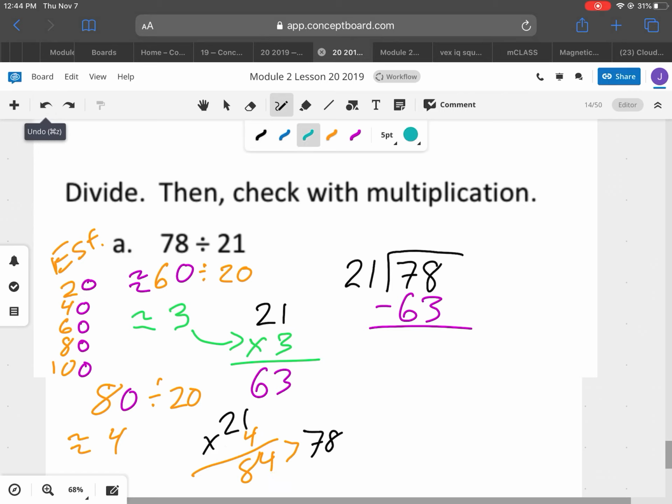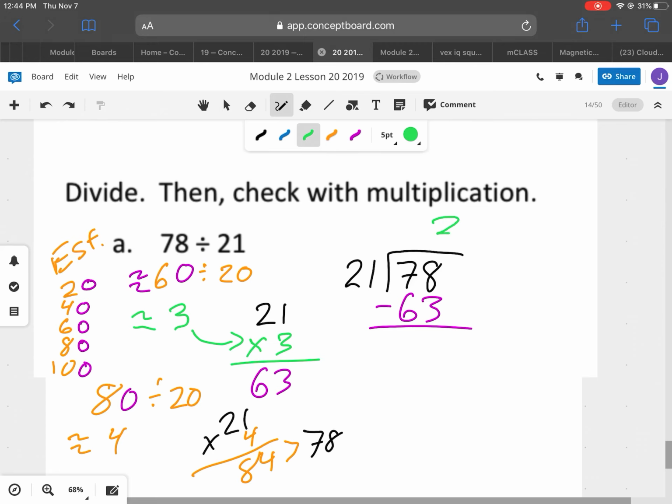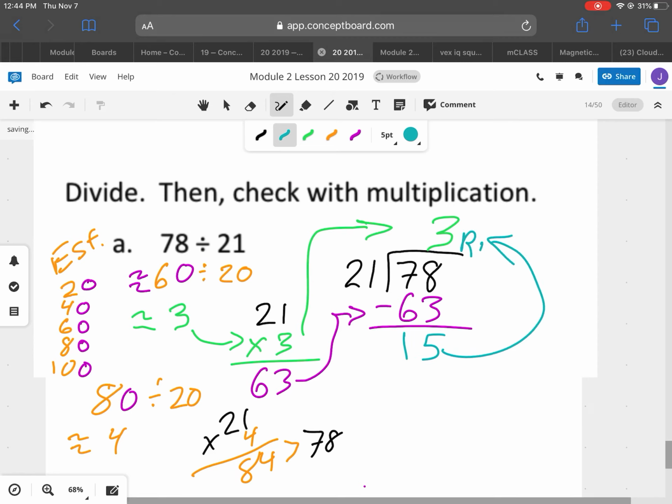Alright, so now we're going to put our 3 as our quotient. We used our 63 to subtract, and we get 15, which becomes our remainder. All right.